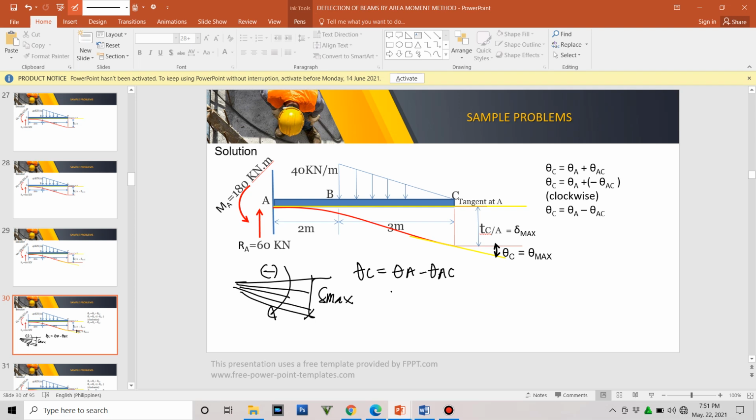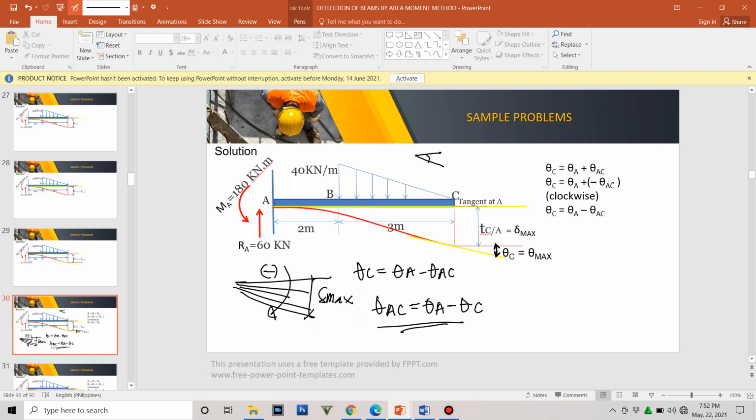So, if we transpose theta AC to the other side, what remains is theta A, and bring the C to the other side, minus theta C. So, theta AC is equal to theta A minus theta C. Anyway, if we intend to put it this way, theta C is equal to theta A plus theta AC. It's alright. Just always remember, when it is like this, it is a depression. Okay?